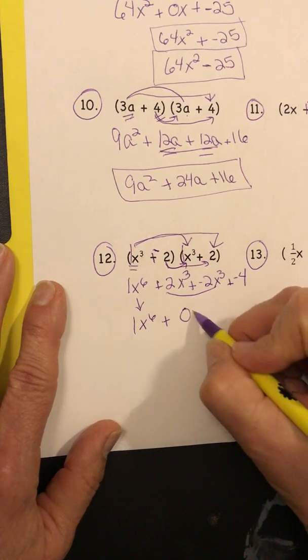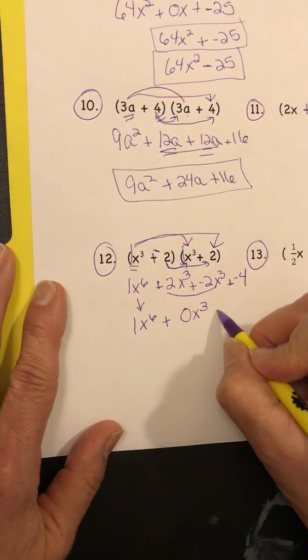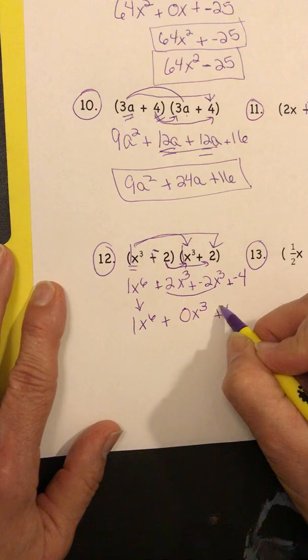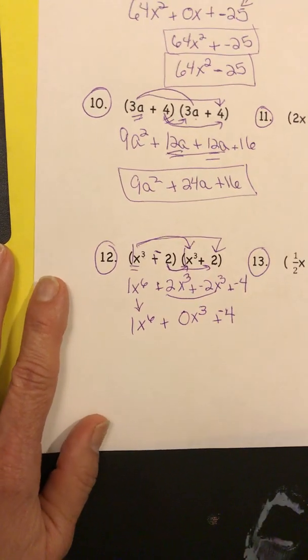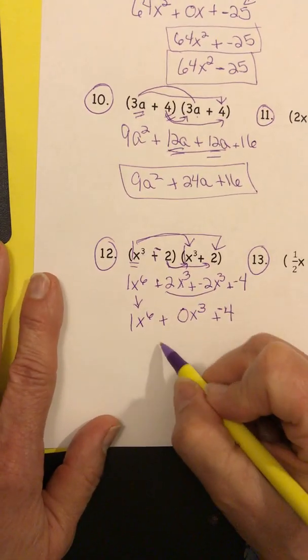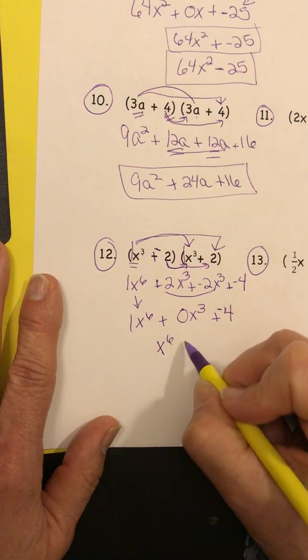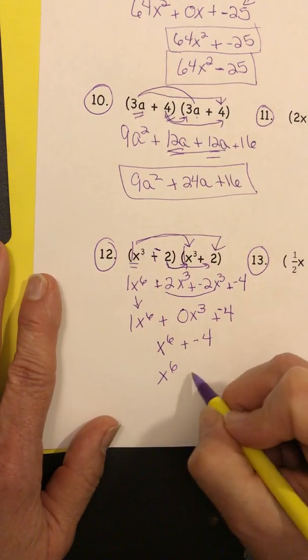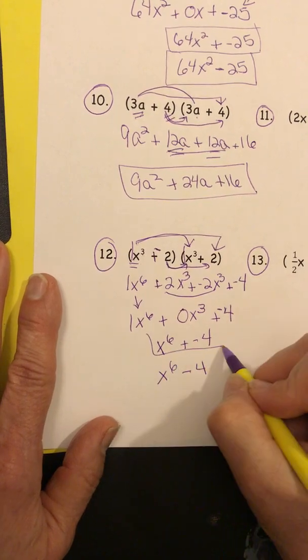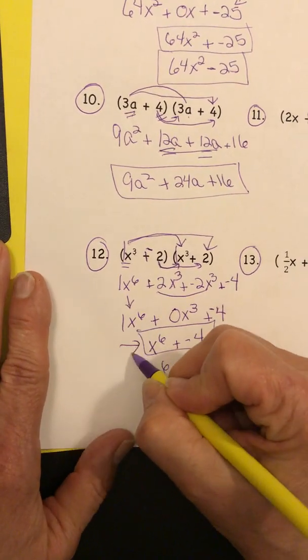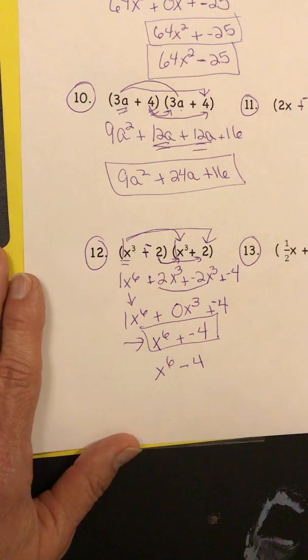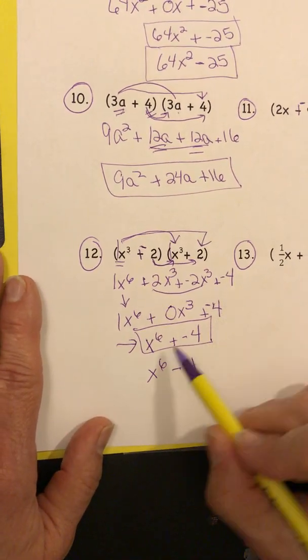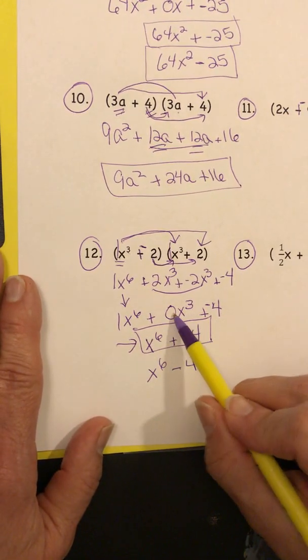So I'm going to get 0x to the third plus -4. Final answer, x to the 6th plus a -4, or x to the 6th minus 4. These mean the same. You are more than welcome to just leave it just like that. I'm hoping that you can go down to this when you see the 0.